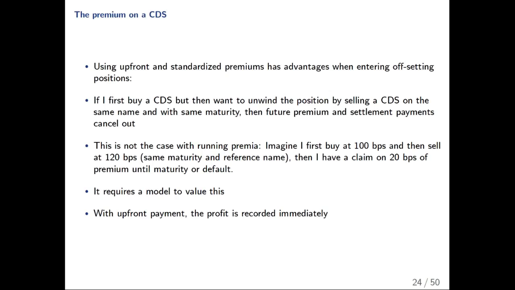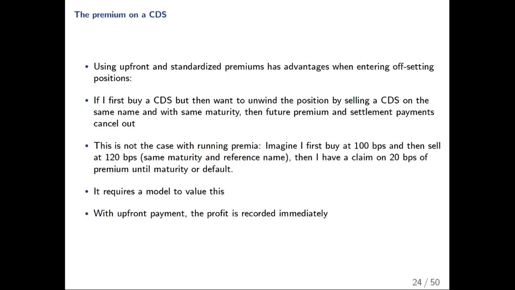How could I lock in that profit? Well, I would want to reverse it by selling the CDS. What matters is the premium leg in the valuation of the CDS. So I would buy the CDS for 100 basis points, and then I would sell a future 120 basis points, meaning that I was collecting 20 basis points for the life of the bond.